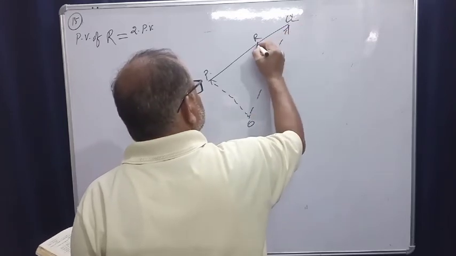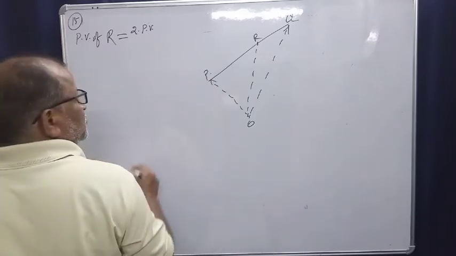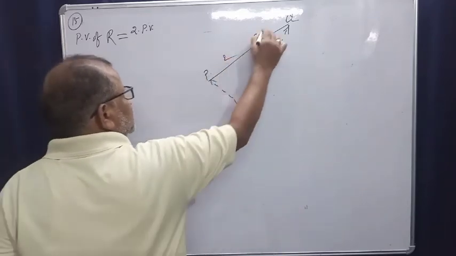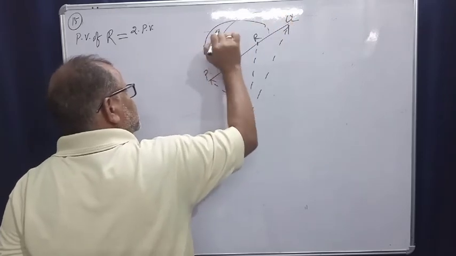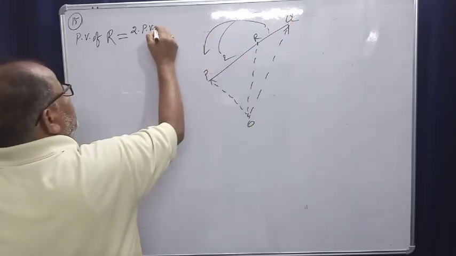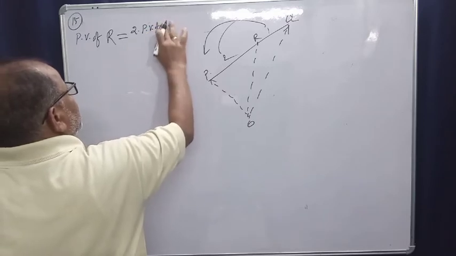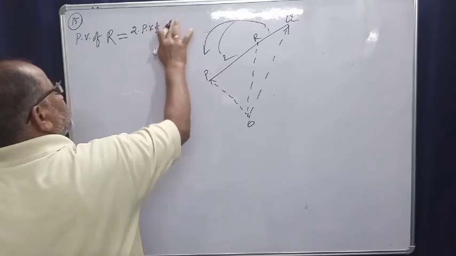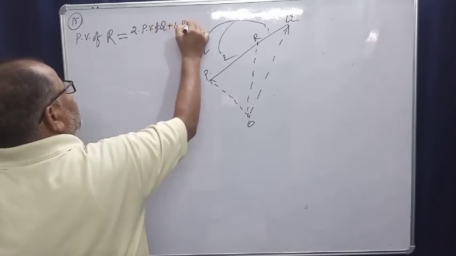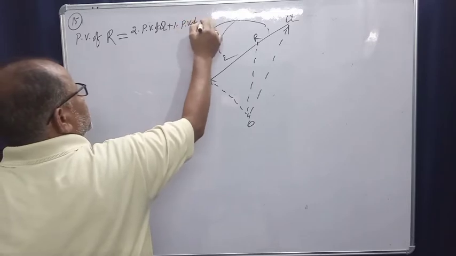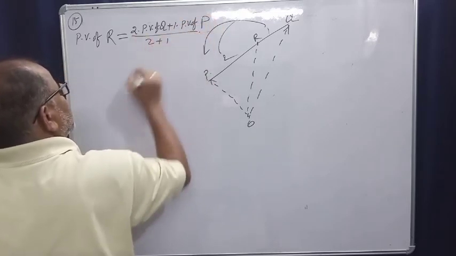Now the position vector of R is 2 into PV of Q plus 1 into PV of P, divided by 2 plus 1.